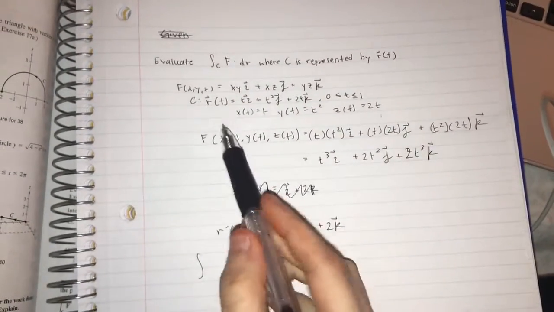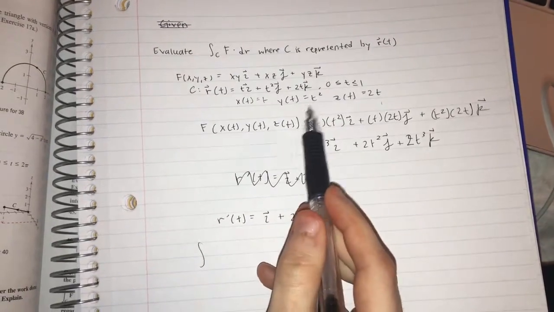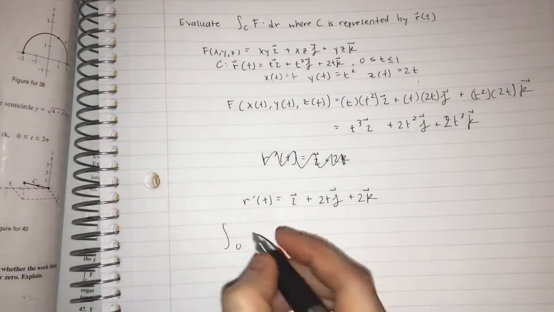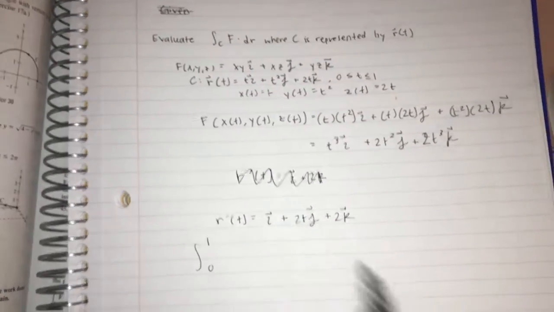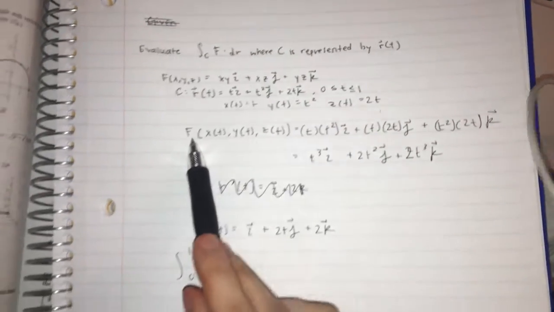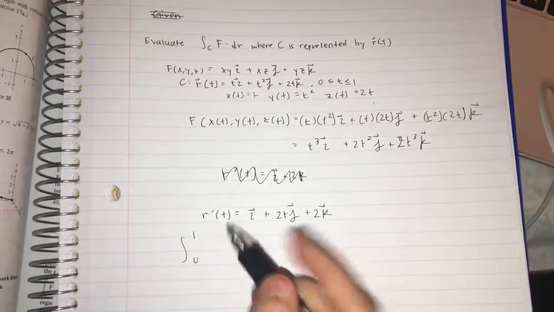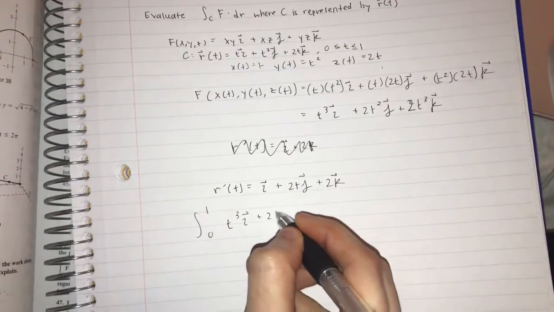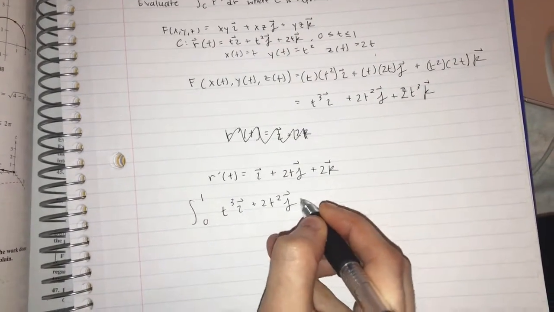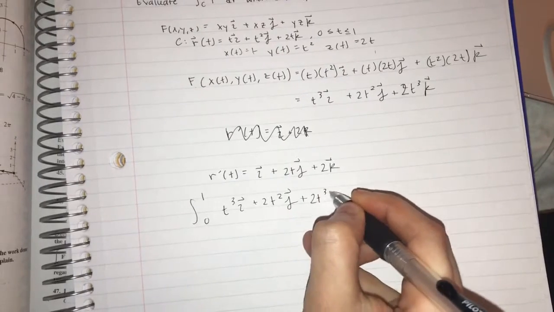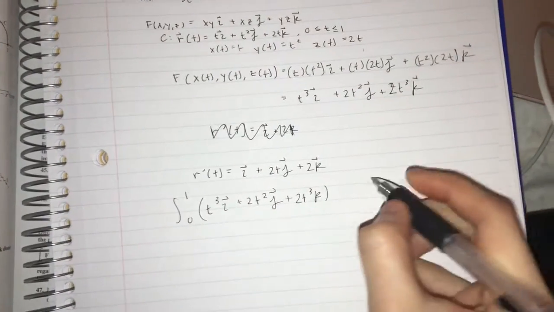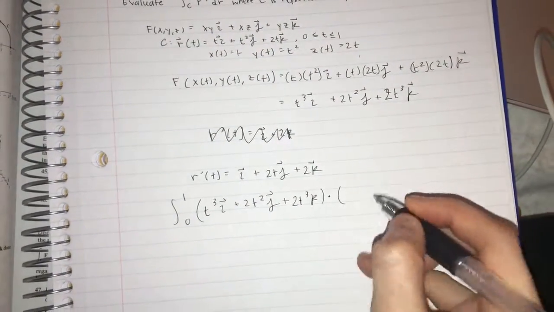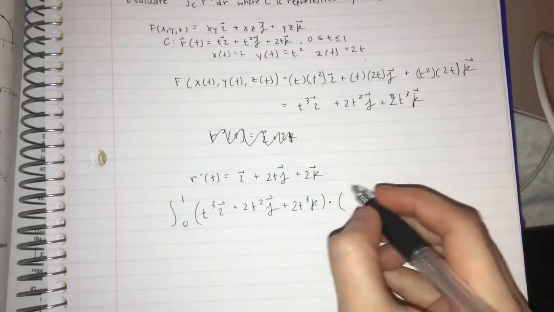We already have the bounds, which are 0 to 1, and we have our vector field force in terms of t. So that's t cubed i plus 2t squared j plus 2t cubed k. That's going to be multiplied by r prime of t.